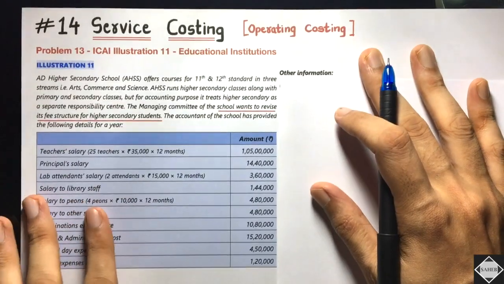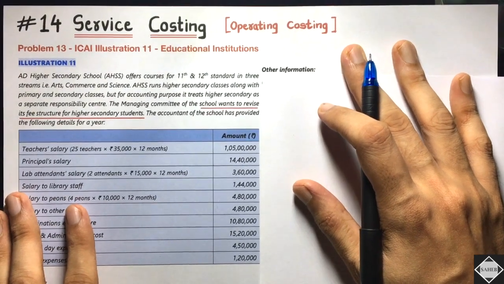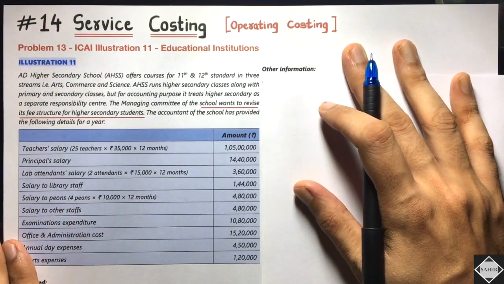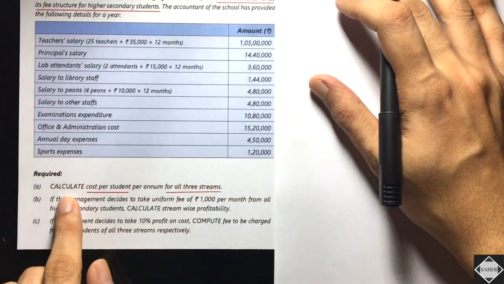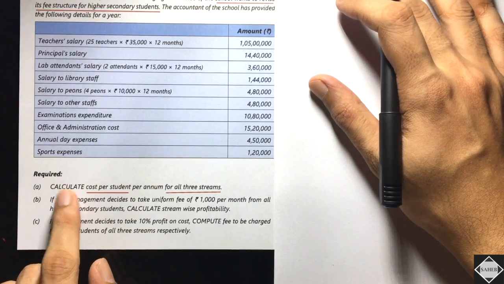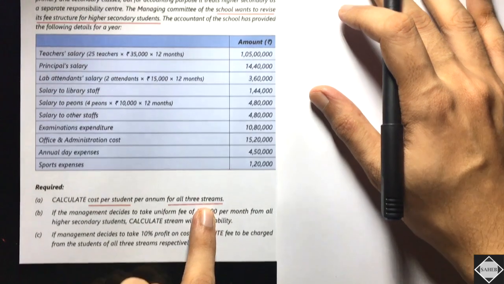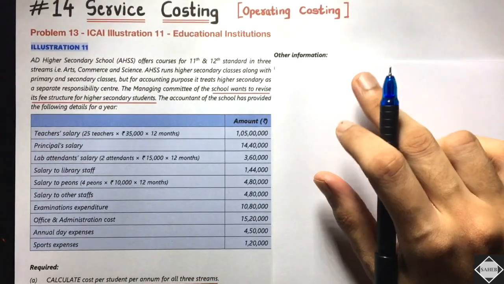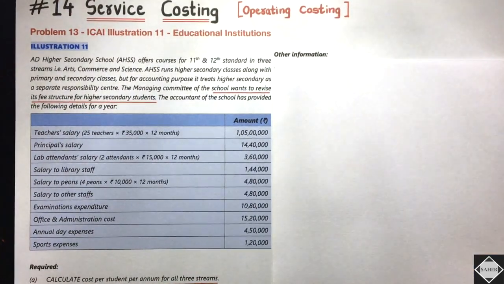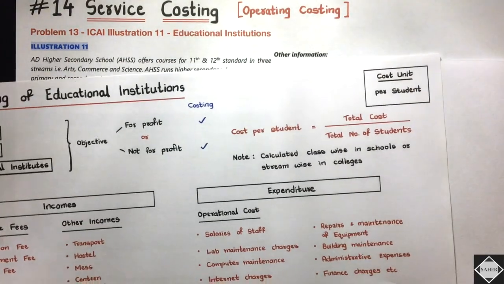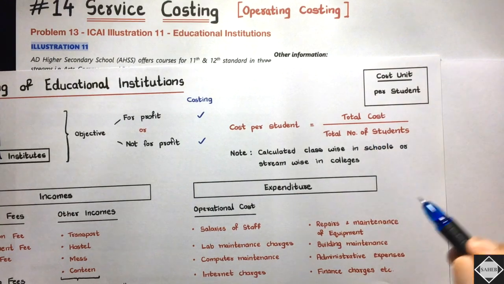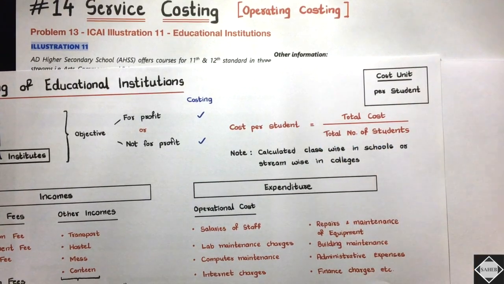So now, what are we supposed to do? The first requirement is, they are asking us to calculate cost per student per annum for all the three streams. How will we calculate cost per student? Just now we saw the concept of the education industry. Total cost divided by total number of students. That's what we have to do.